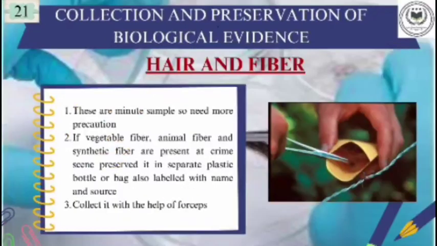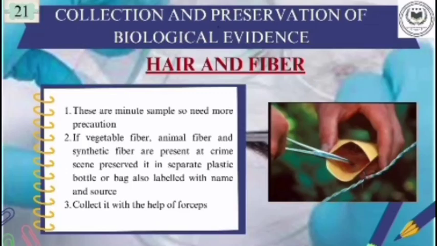Next, hair and fiber. At a crime scene, hair or fiber may be present. These are very minute samples, so more precautions are needed while handling. If hair or fiber is present at the crime scene, it should also be collected for further examination.